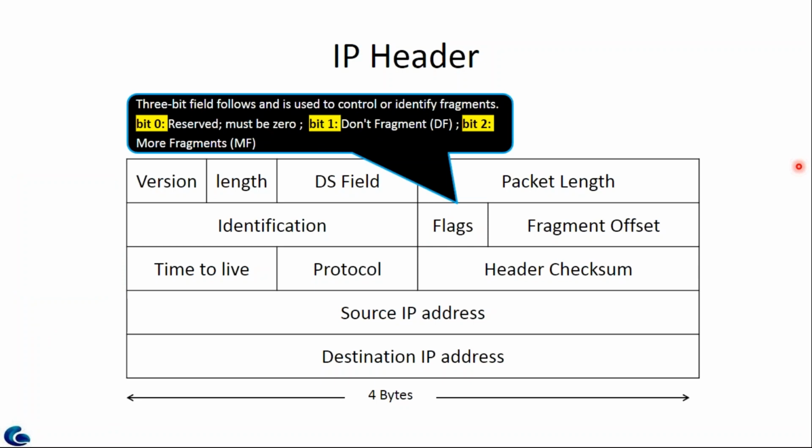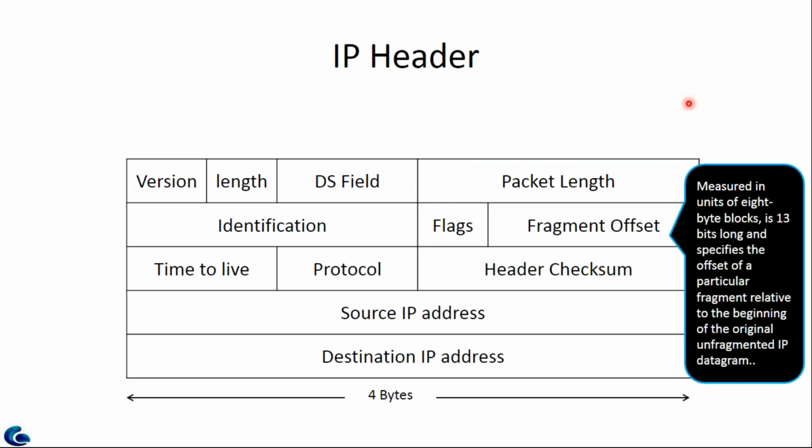This bit is set to 1 if it is not to be fragmented. And then bit 2 is more fragments, that means this is not the last one. There are some more fragments coming, right?